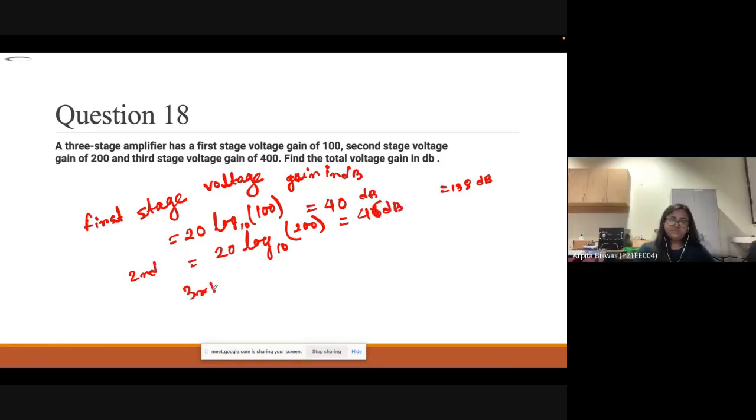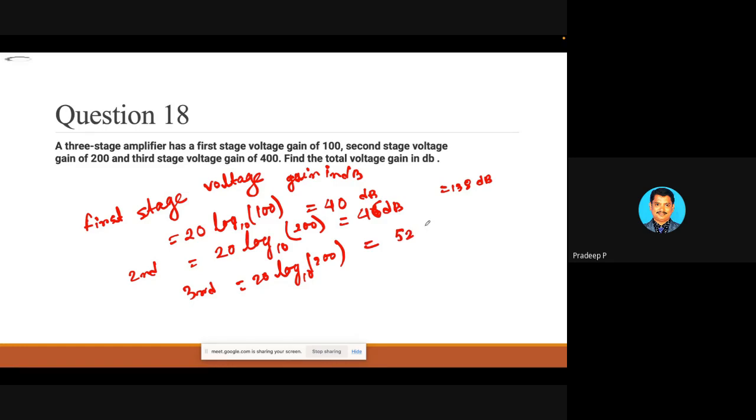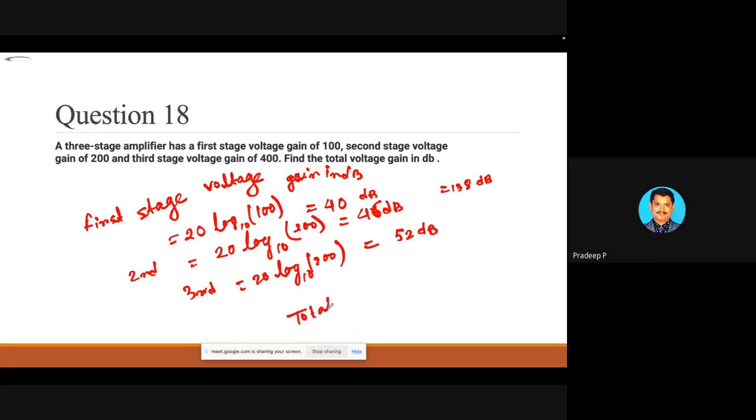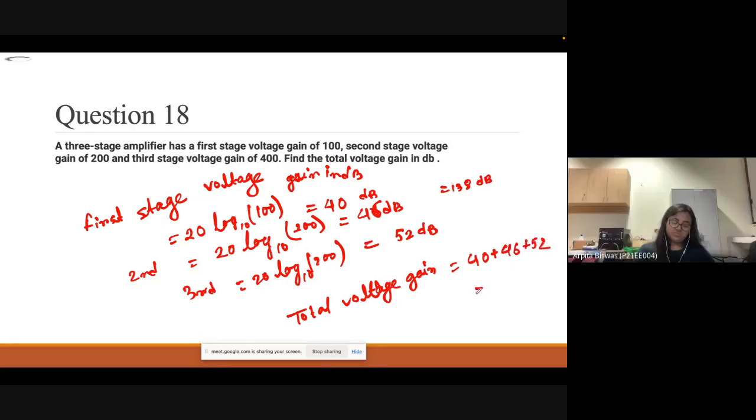The third, 20 log base 10 of 400. What is the value? 52 decibels, ma'am. Approximately we can take 52 decibel. So the total voltage gain is 138 dB.